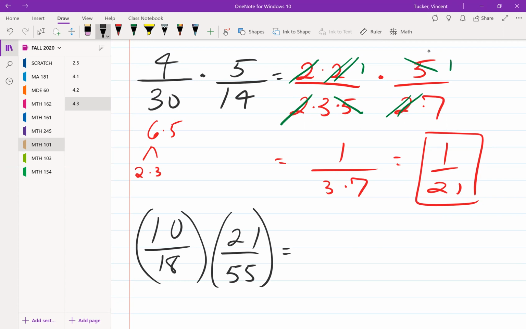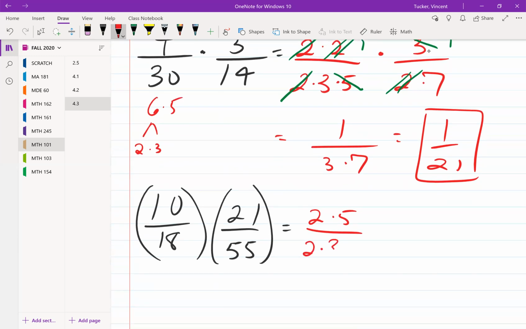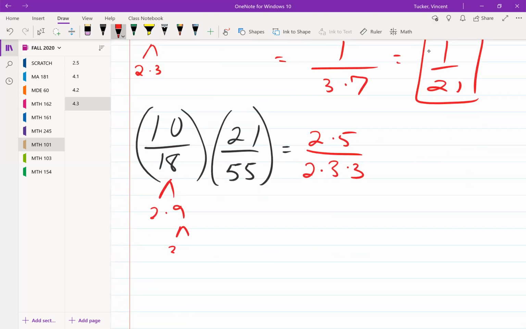All right, same thing here, 10 over 18 times 21 over 55. So 10 is 2 times 5, 18 is 2 times 9, and that 9 is 3 times 3. And 21 is 3 times 7, 55 is 5 times 11.